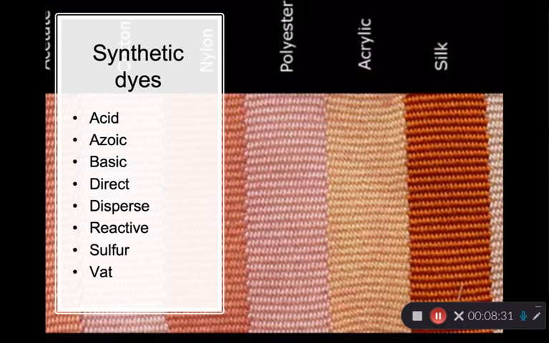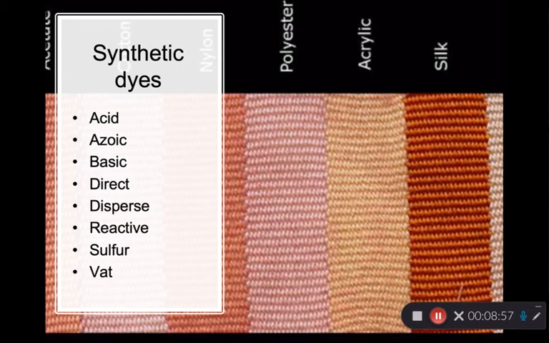The next group, the ones that require some kind of special treatment, the dispersed dyes, for example, are water insoluble. So they're dyes that have to be delivered so that they go into the fiber and hold on to it.